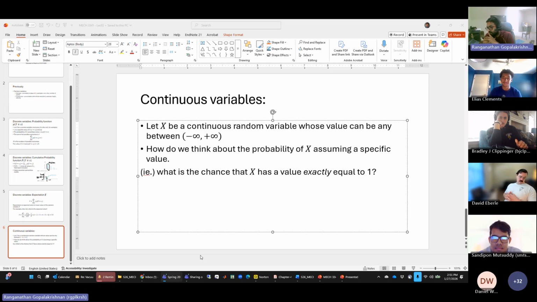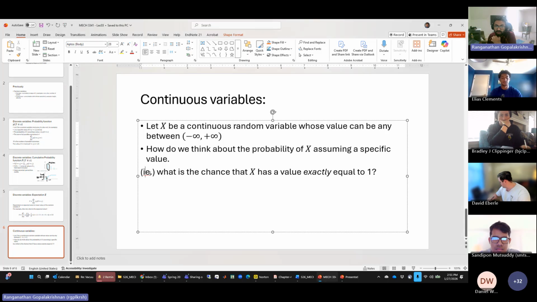You can even say for sure it's almost 0, because the chance that anything is exactly 6 even is almost nil, because the finer you make your measurement scale, you will reveal more decimal points.